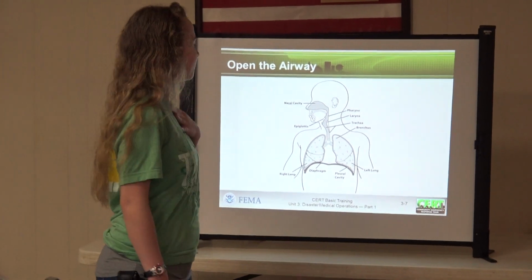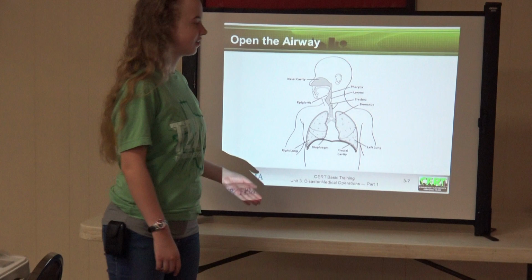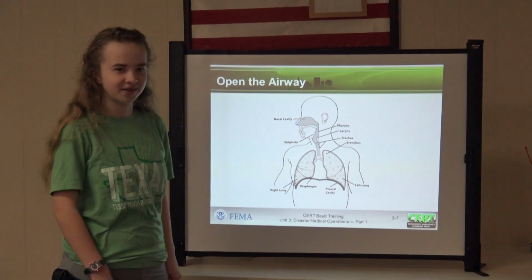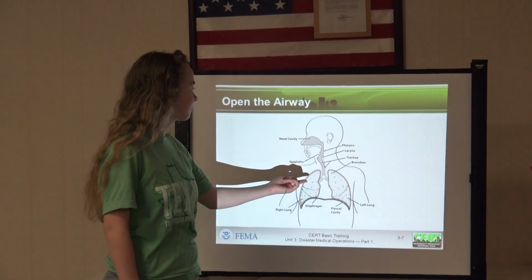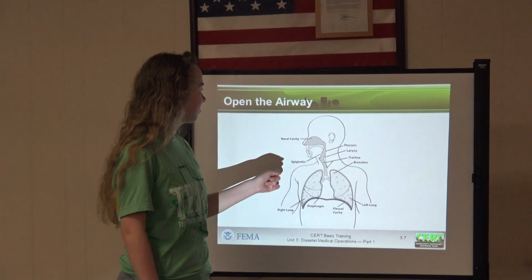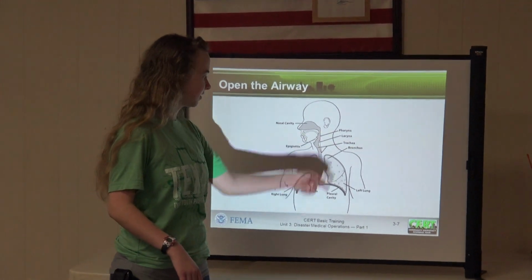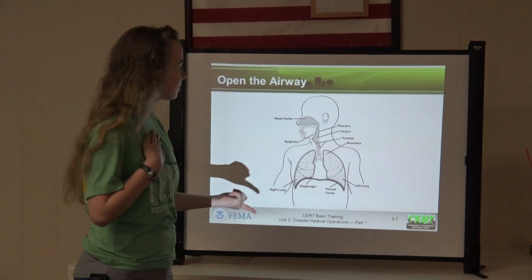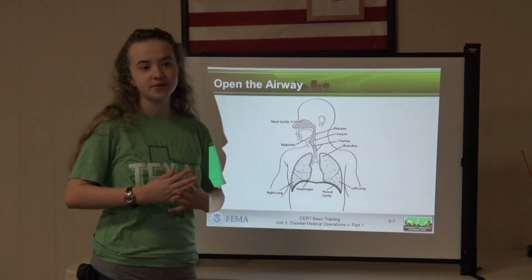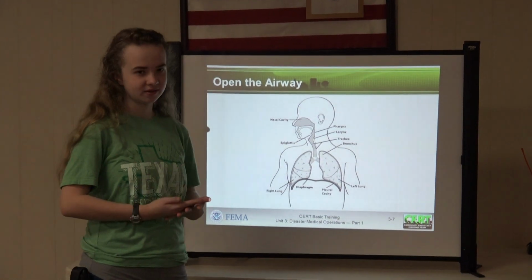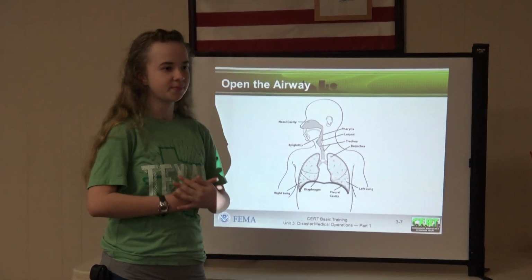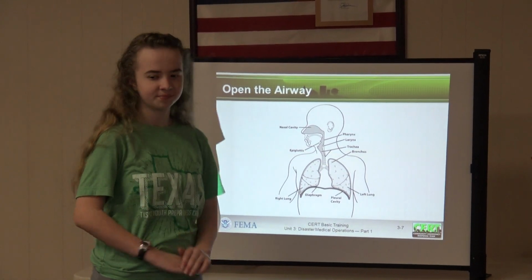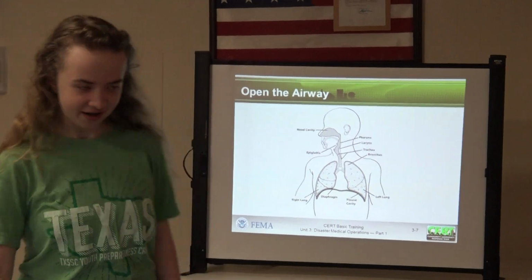And then opening the airway. We don't have to get into the technical stuff, but basically, if anything is blocking any part of the diagram, they're going to have trouble breathing. And when you give CPR, you're basically breathing and pumping their heart for them, which is why it's so tiring.